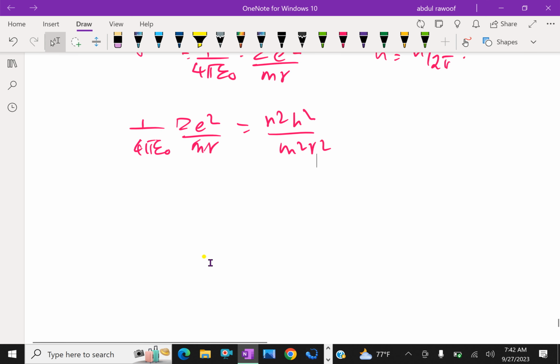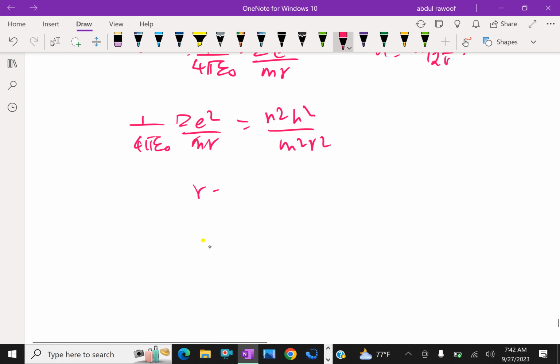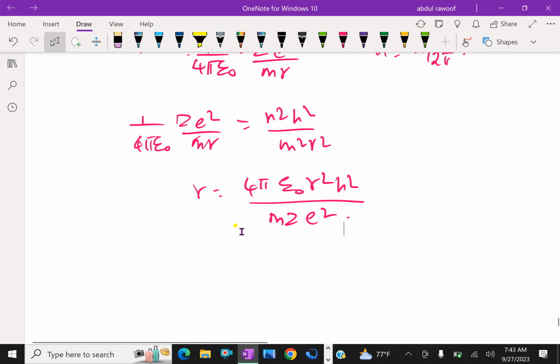From this, the radius r equals 4 pi epsilon 0 n squared h squared over m Z e squared. This is the radius. We can see that the radii of the stationary orbits are proportional to the square of the principal quantum number.